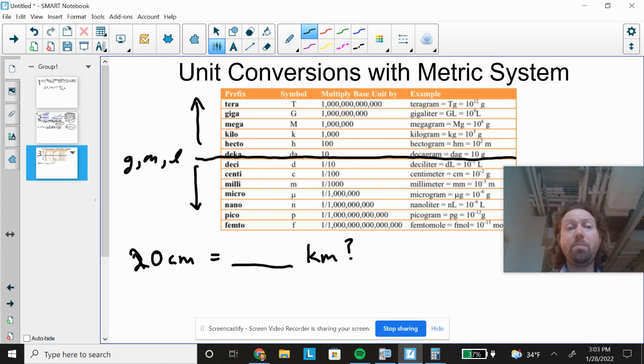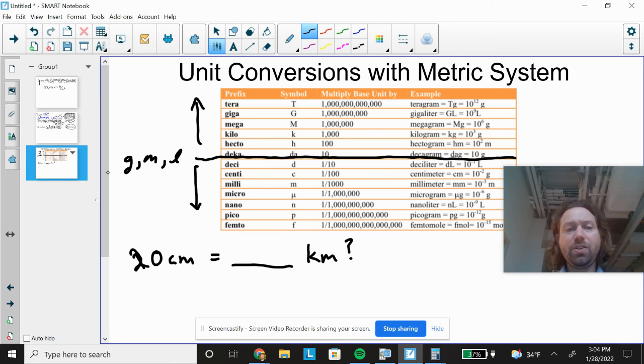So, for example, a microgram is 1 millionth of a gram. Another way of saying that is if you have 1 million micrograms, it's equal to a gram. Similarly, if I have 1,000 grams, I have a kilogram.